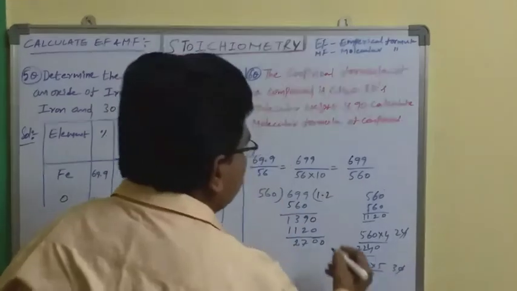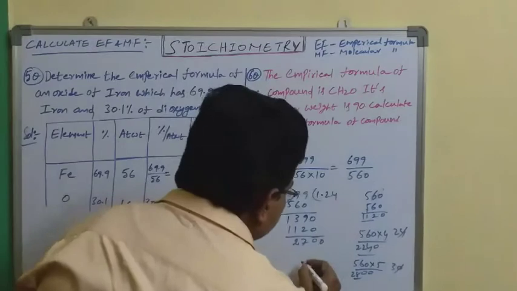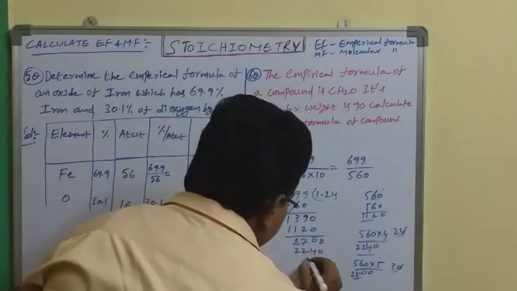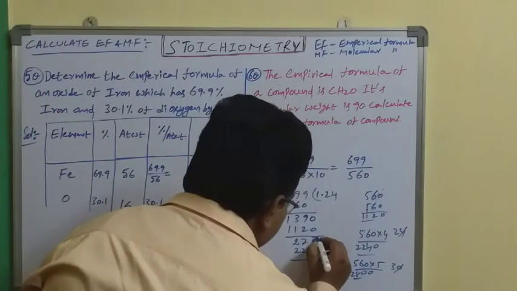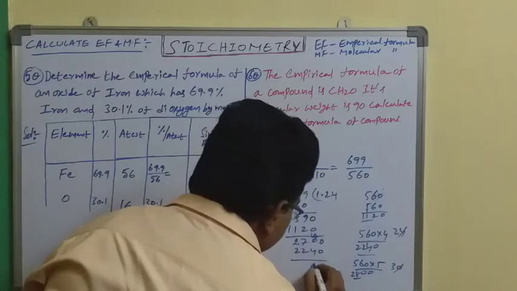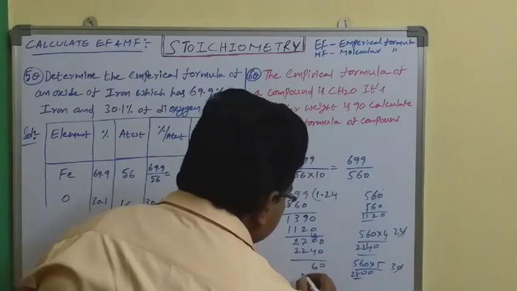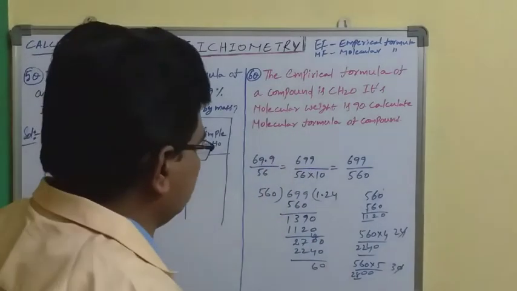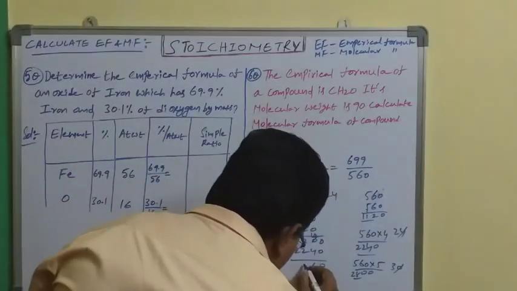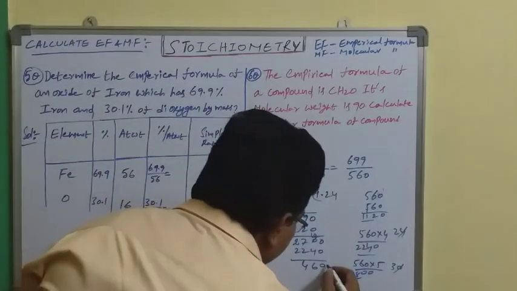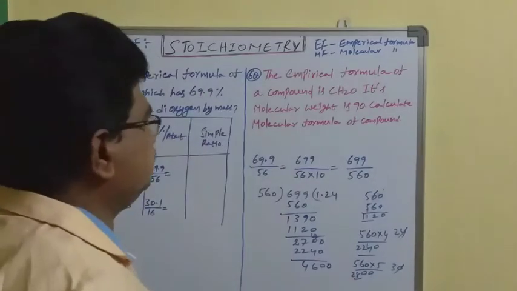So it will go 4 times. 10 minus 4, 6; 7 minus 2, 5; 6 minus 2, 4. 460, then 4,600.